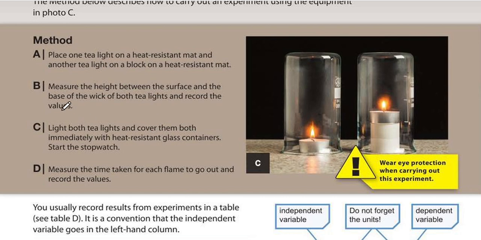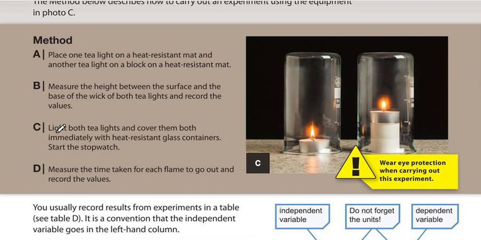Okay, measure the height between the surface and the base of the wick of both tea lights and record the values.